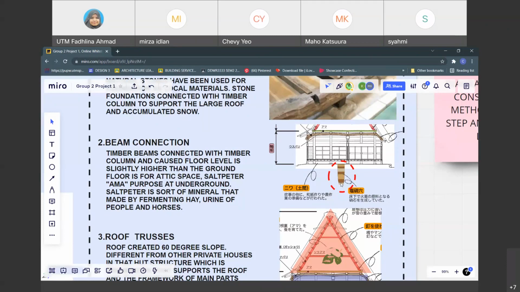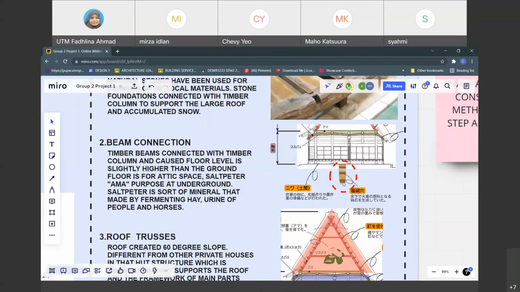So what do they do with this? It's just a space to keep the urine of people and horses, everything. How do they control the smell? Because it's very deep, so I think it's okay.